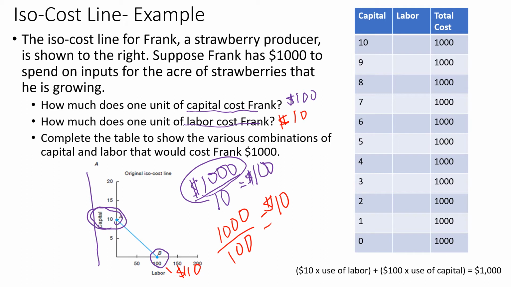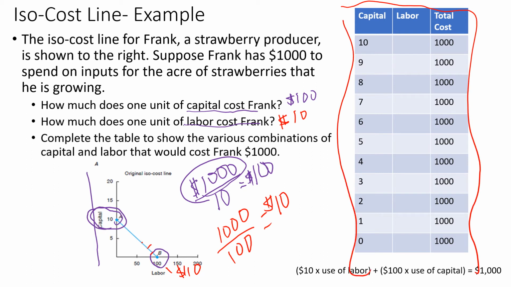All of these various combinations exist on this line and have been transformed into this table. Okay, so we have 9 units of labor, or 9 units of capital. We have to figure out how much labor that would match with in order to cost $1,000.